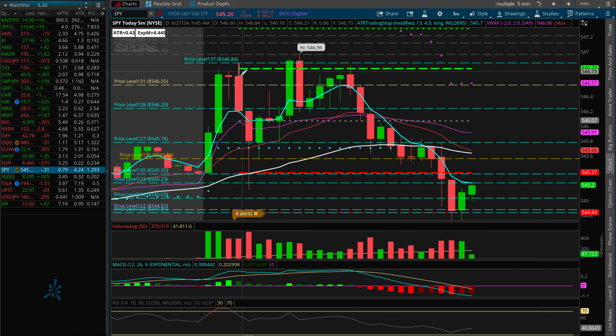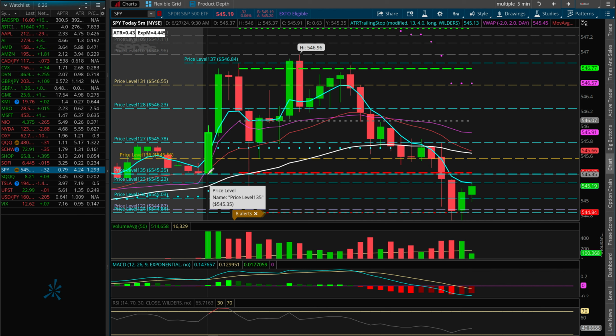It gives me the high of the day and the low of the day, right? If you don't have this automatically on your chart, all you have to do is wait until the first 15 minutes. You mark the high of the highest candle, which would have been here, and then you mark the lowest candle, which would have been here, and you leave it on the charts, right?